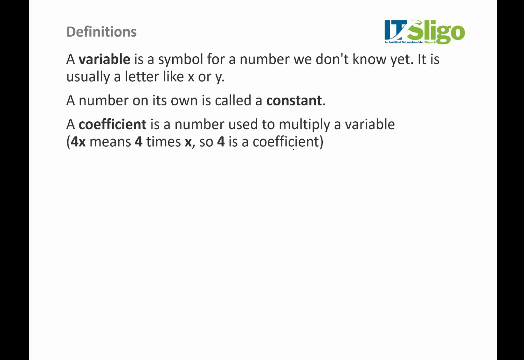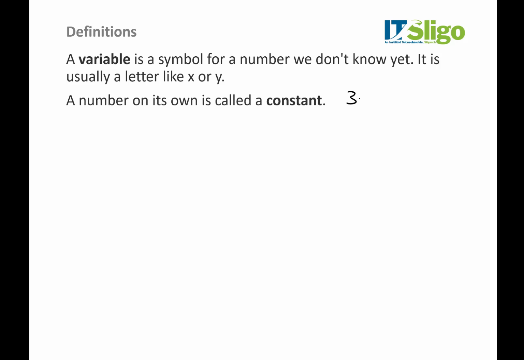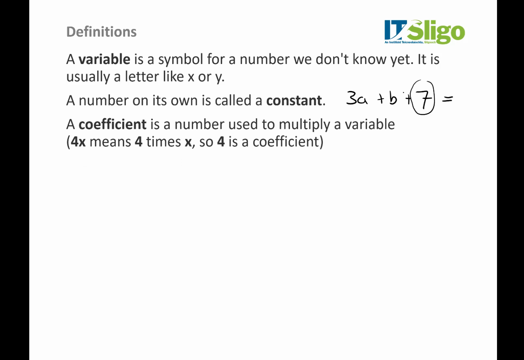Any number on its own is called a constant. So we could have, say, 3a plus b plus 7. Now the 7 is the constant, a number on its own. Any number in front of a variable is a coefficient.